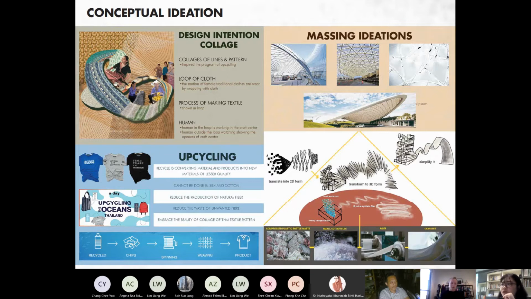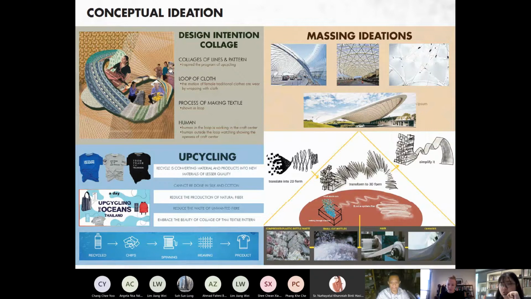The main point of the collage is the lines and patterns, and also this loop of cloth, which is the motion that I am taking from the Thai traditional textile. The Thai traditional female costume is not made as clothes, but is more like a cloth that they just wrap around the female body.